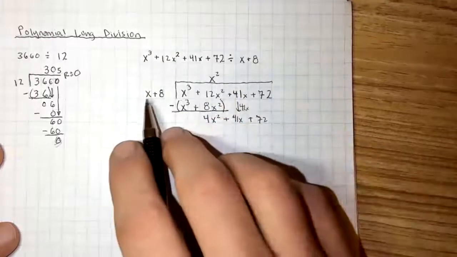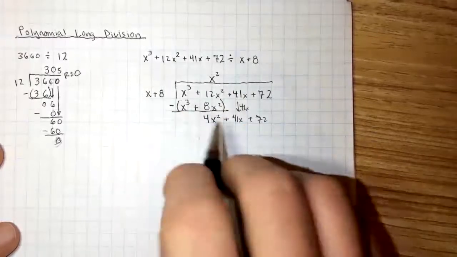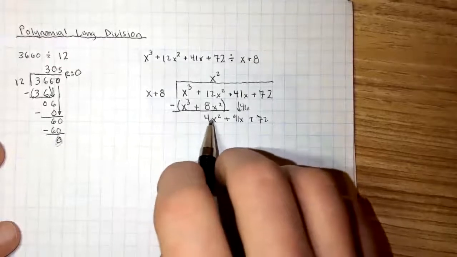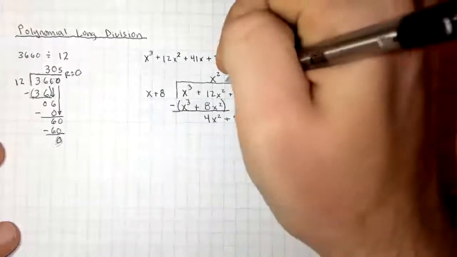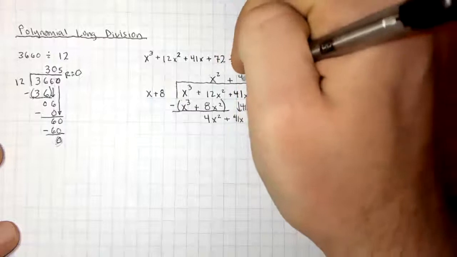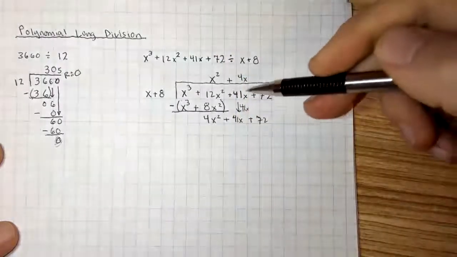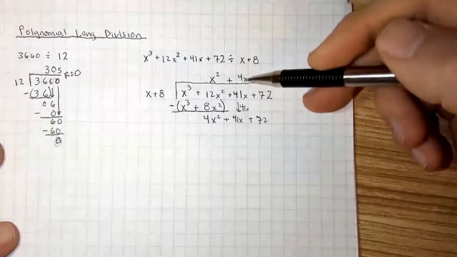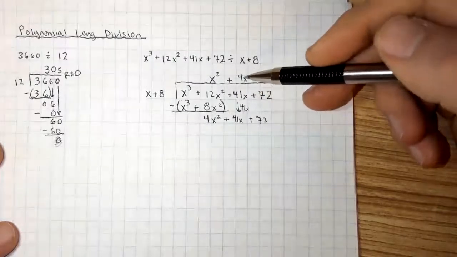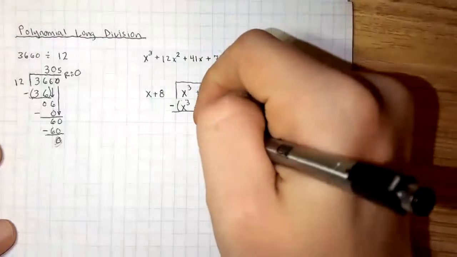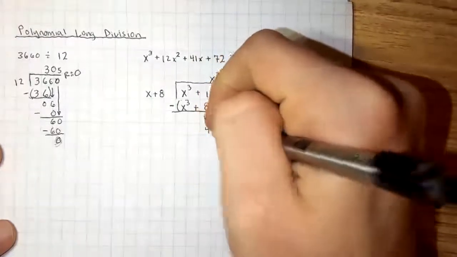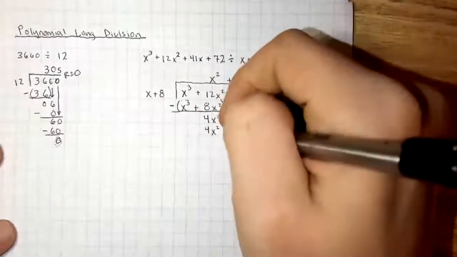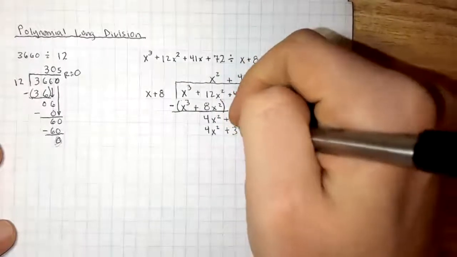Maybe another way you can think of it is, what do I multiply by x to get 4x squared? Whatever helps you out. And that answer is definitely 4x. I'm going to put it on top of the other variables with a single exponent. Now we multiply. 4x times x is 4x squared. 4x times 8 is 32x.